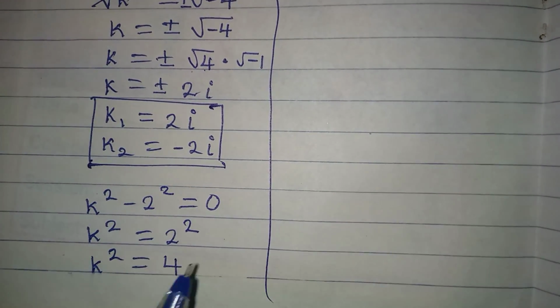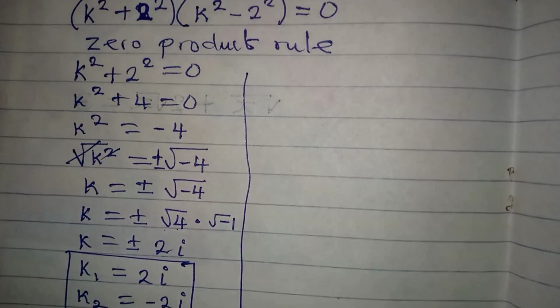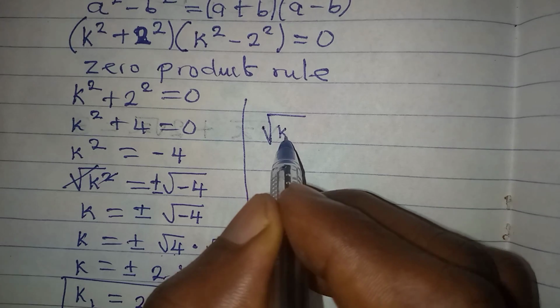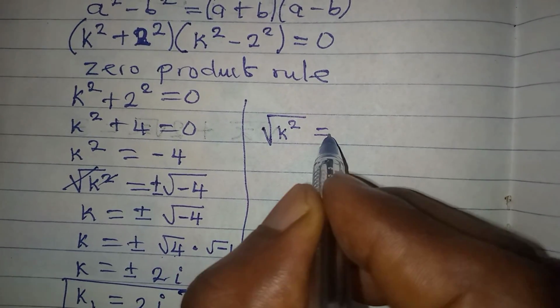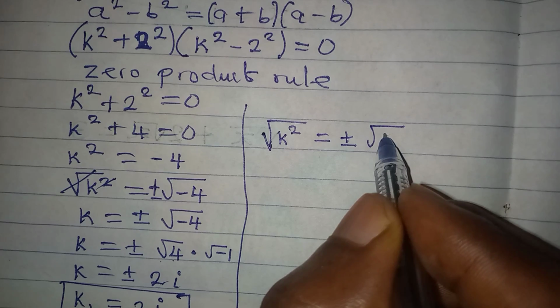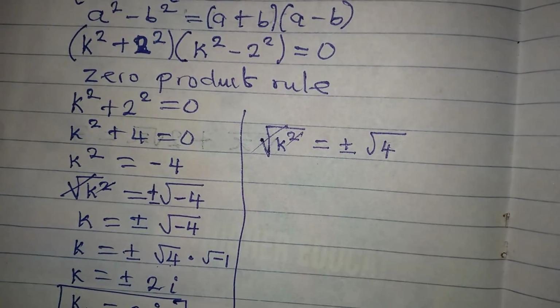Now, to get the value of k, we have k squared equals 4, so we take the square root of both sides. The square root of k squared is equal to plus or minus the square root of 4. This cancels this, right?